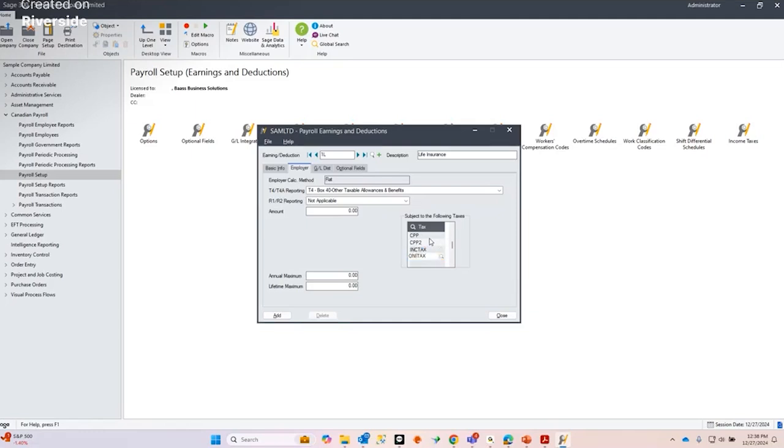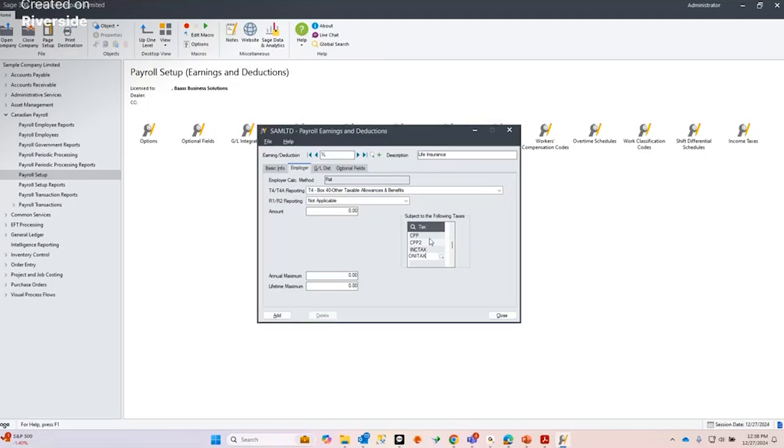And in this case, I'll put Ontario taxes. This is the province of employment that I'm working on. And then the next question is, what about EI? Well, because this is an employer-paid benefit and it is non-cash, it is not subject to EI.